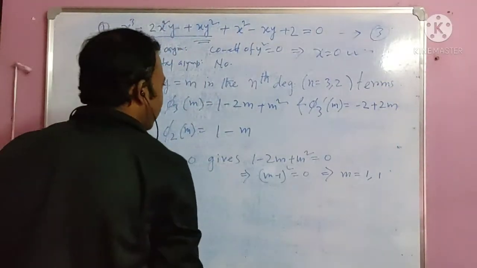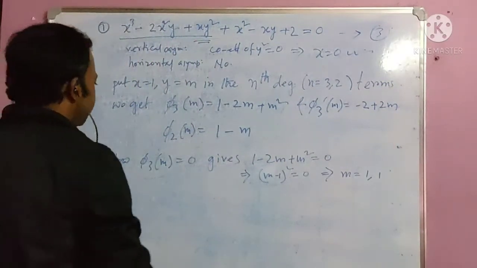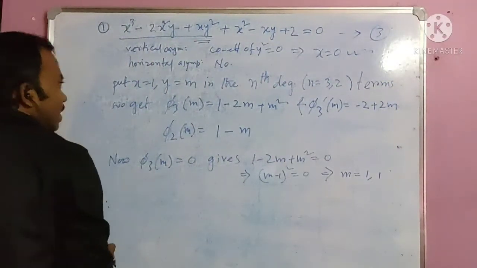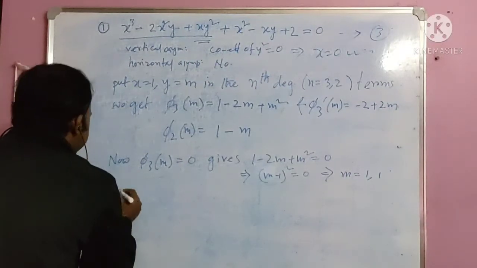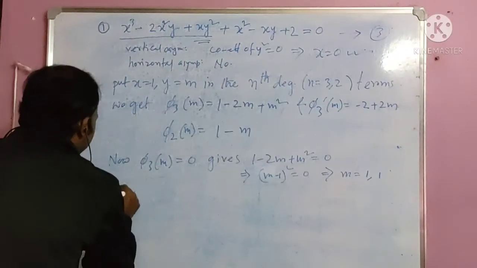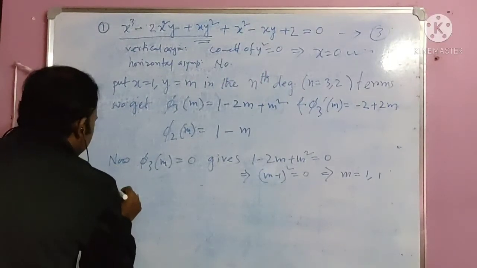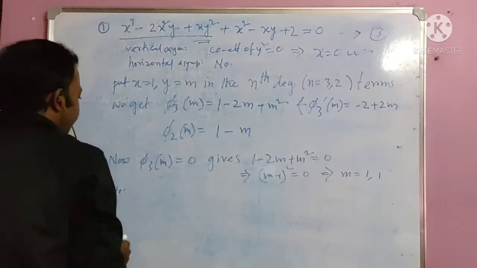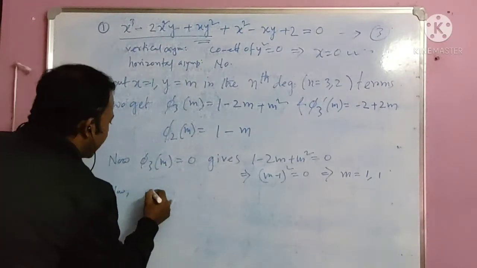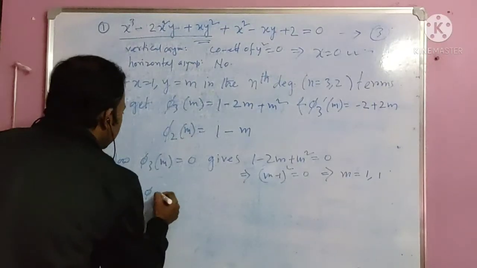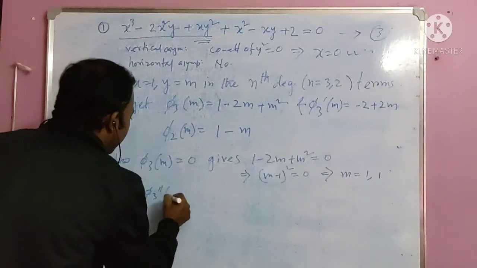Okay, so what was our second formula for getting C? For that second formula, we need phi 3 double dash m.